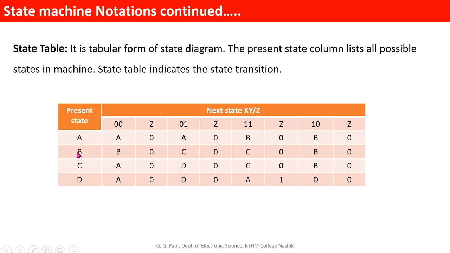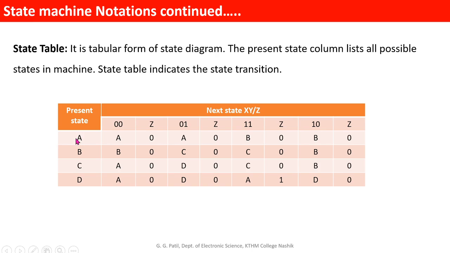Similarly, if present state is B, input is 0 0, next state is B and output is Z. Again, the present state is C, input is 0 0, next state is A and output is 0, and the present state is D, input is 0 0, next state is A and output is 0.